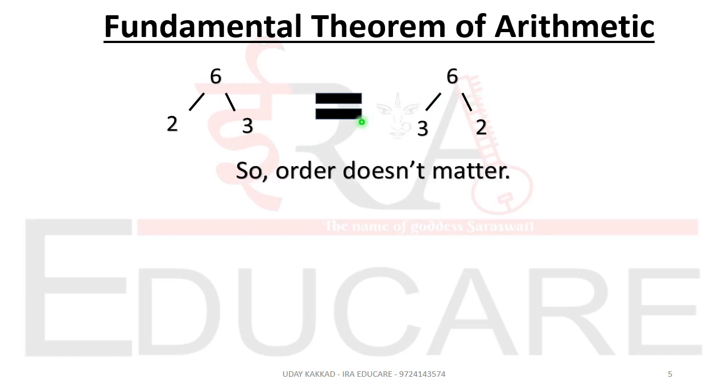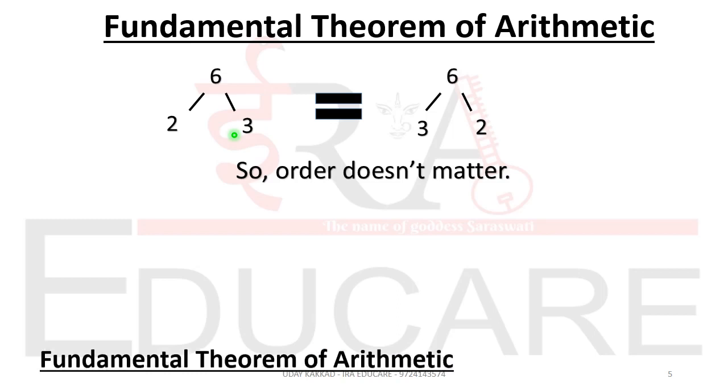So order doesn't matter. You can't say these are different things; just the order is changed, the result will not change because the product cannot be changed. The order of the product does not affect the result.